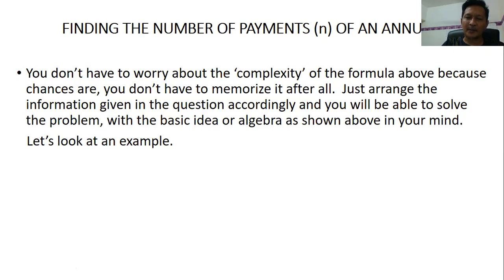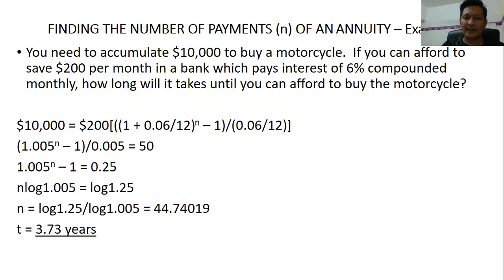Okay, let's look at an example to make it clearer. Now you need to accumulate $10,000 to buy a motorcycle. If you can afford to save $200 per month in a bank which pays interest of 6% compounded monthly, how long will it take until you can afford to buy the motorcycle?